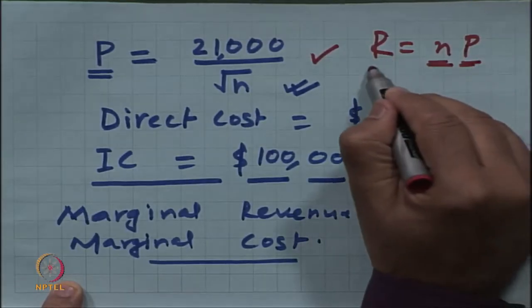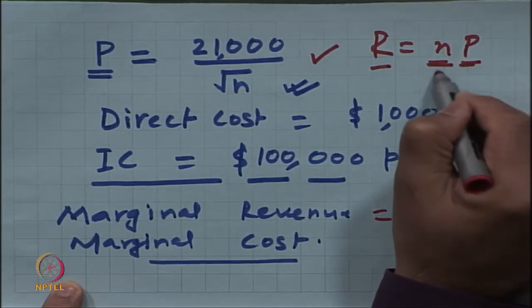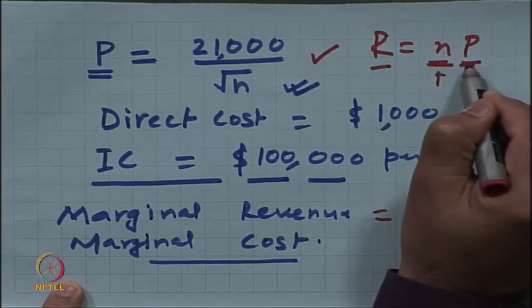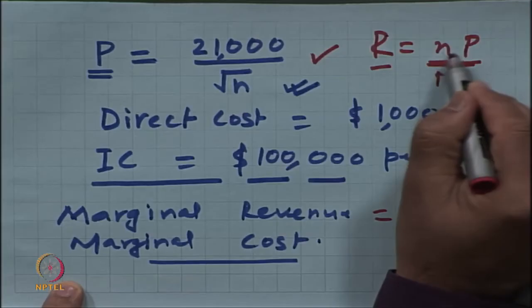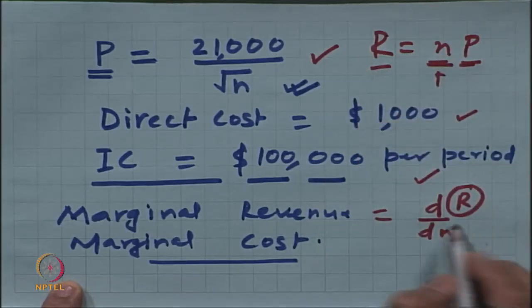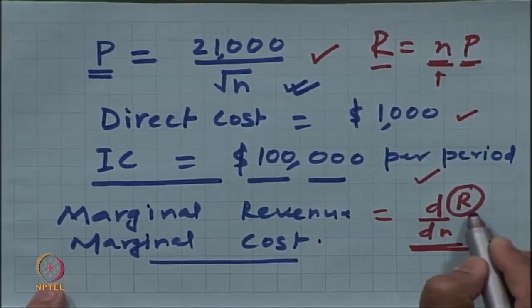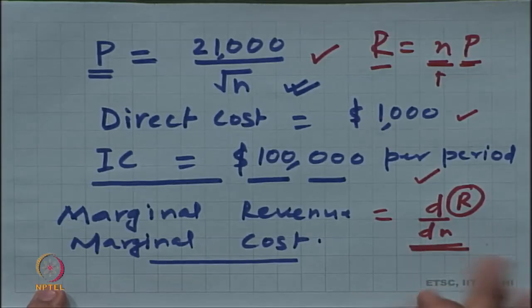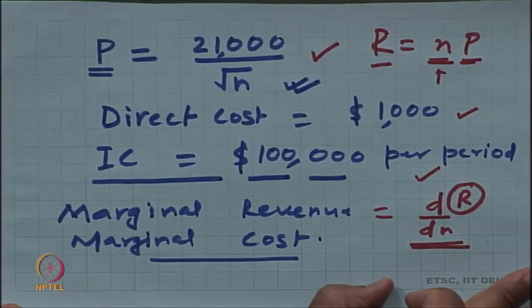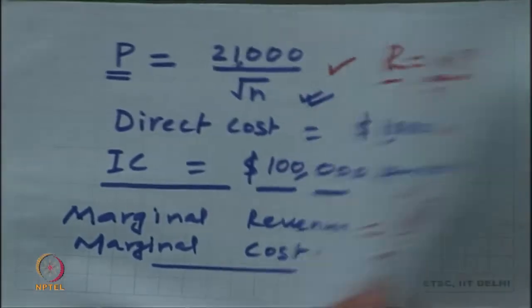So, revenue that you will get is n times P. Suppose n is 10 units and the sales price P is 1000 rupees. So, 10,000 rupees would be your revenue. Marginal revenue is dR upon dn. So, first we try to find out what is going to be the marginal revenue for this problem. You are already given P and you know R.